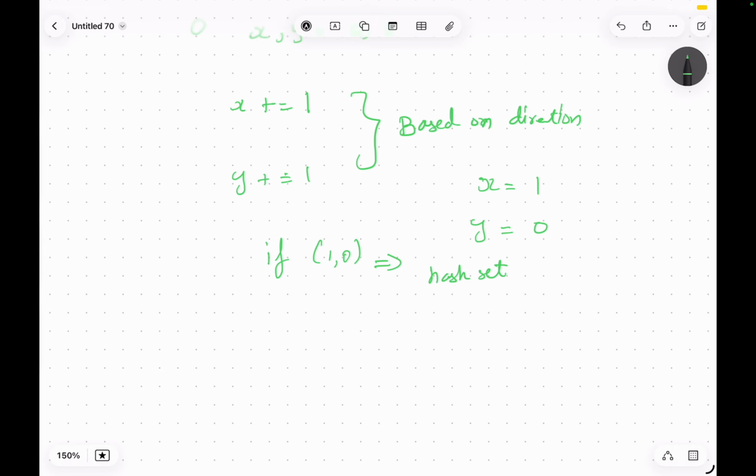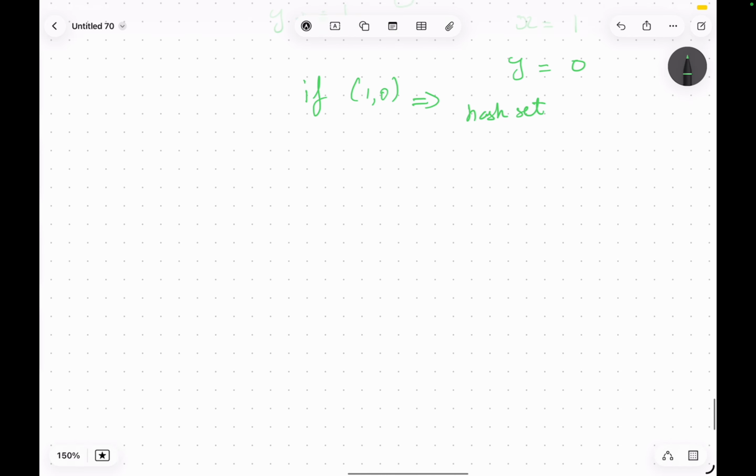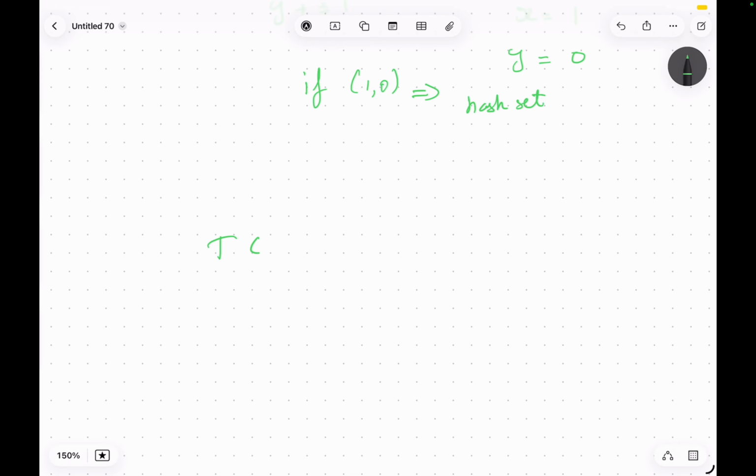So this problem is pretty straightforward. It is just a simulation which we have to handle, and with this we can solve the problem. The time complexity will be big O of n plus m, where n indicates the length of commands and m indicates the number of obstacles. So yeah, with this idea, let us go ahead and code this up.